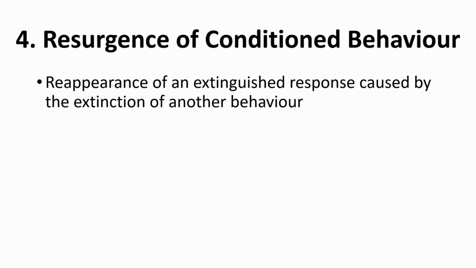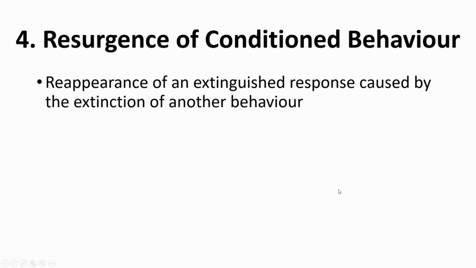The idea here is that if one behavior, say behavior A, had been extinguished, and then there's another behavior that was allowed to continue, but when that second behavior, behavior B, is extinguished, then we might see a reoccurrence of behavior A because of the extinction of behavior B. So getting rid of our second option might cause people to go back to doing the first option.